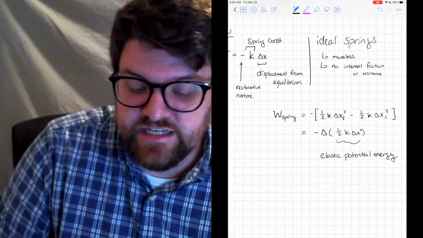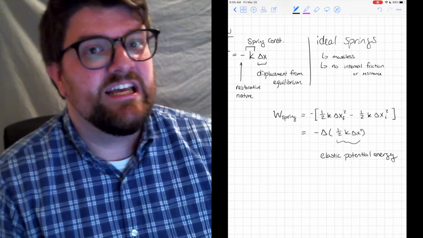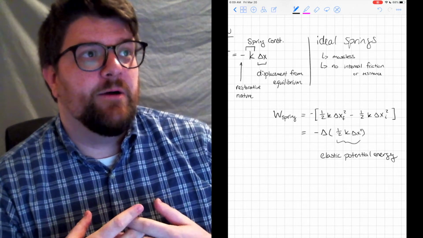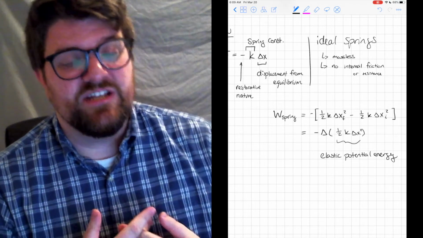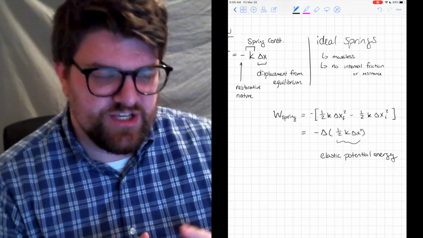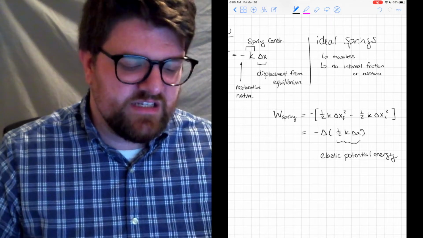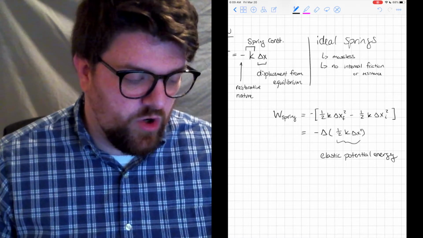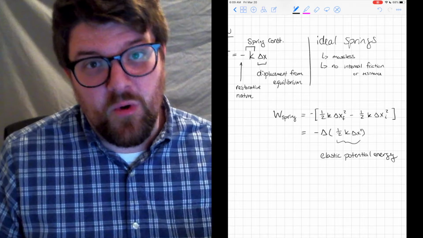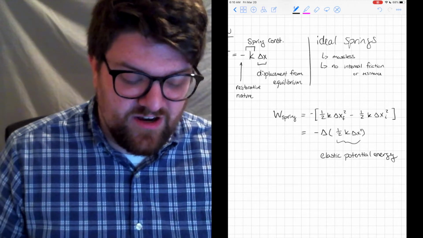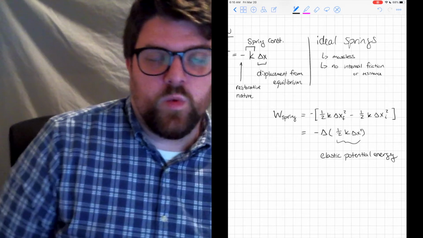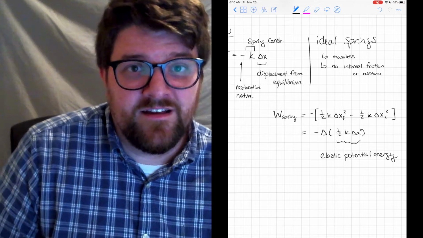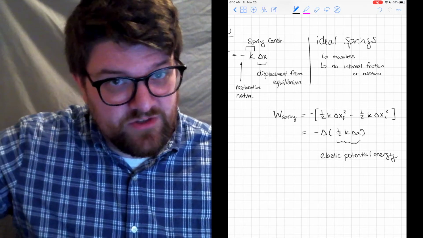Now, potential energy, as a really loose working definition, is how much energy is stored in an interaction, how much energy could be turned into movement energy or kinetic energy. It's that possibility to start becoming more energetic. We're going to talk about this again more in chapter 10, but this is our elastic potential energy. And what we're saying is the work done by the spring is the negative change in that. So that's a little preview of what's to come.